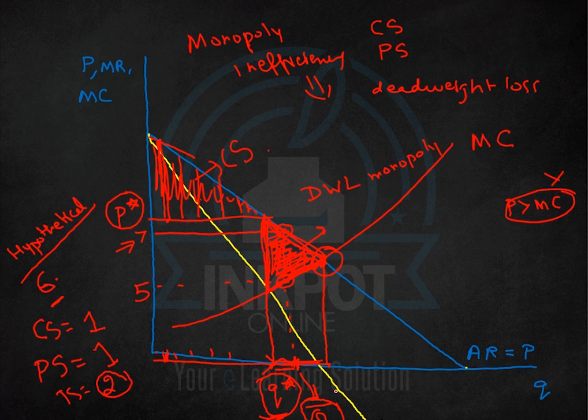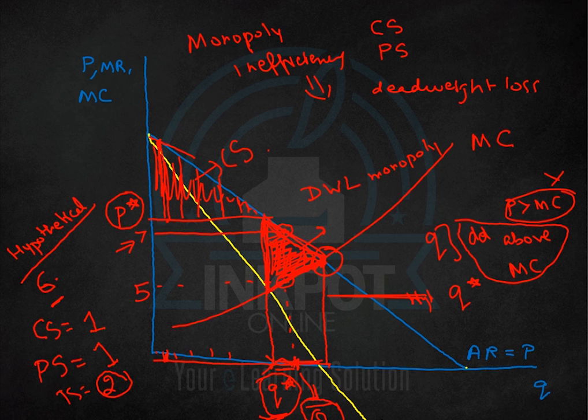Essentially what you have to identify is all the units, all the output for which the demand curve is above the marginal cost curve and the units are to the right of Q star. Okay, so both these conditions have to be met. Demand curve should be above MC and the units should be to the right of Q star.